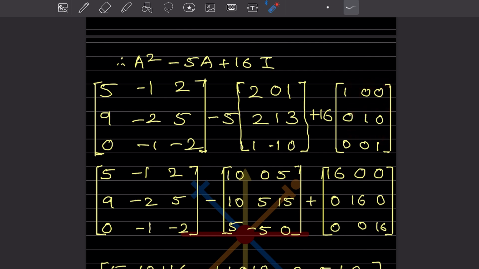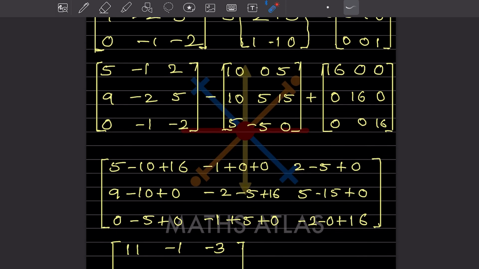This is the identity matrix, and this 16 is here. Now let's keep this as it is. This 5 will multiply: 10, 0, 5, 10, 5, 15, 5, minus 5, and this will be 0. Again, this 16 will multiply the identity, so here there will be 16, and this also 16. The rest all will be zeros.